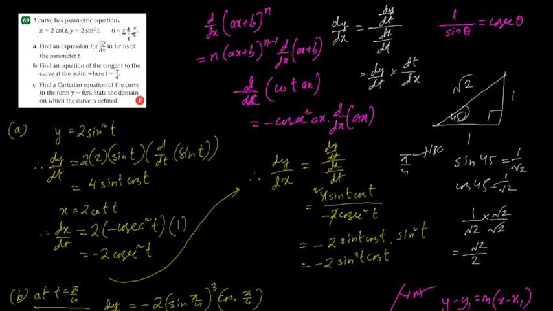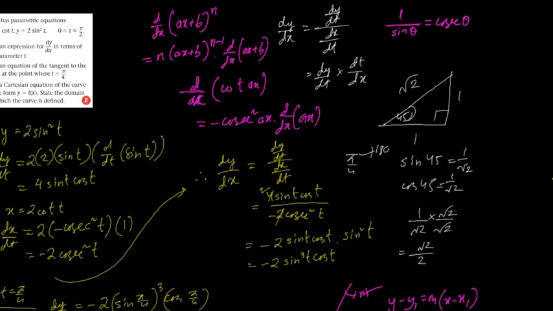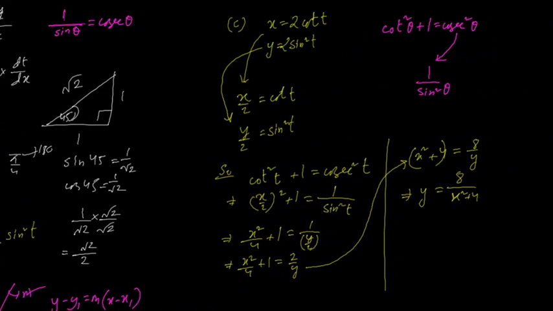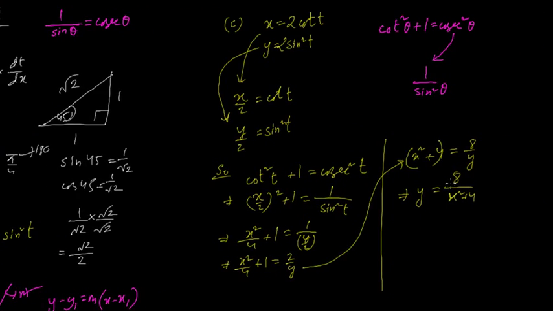domain, if you put the value of t here, t equal to 0 here, so let me put it here. Of course we can also find the domain from this Cartesian format, but it's easier to use that domain. So we have the values of t, so x equals 2 cot t.